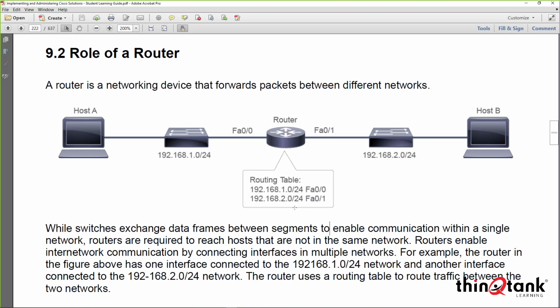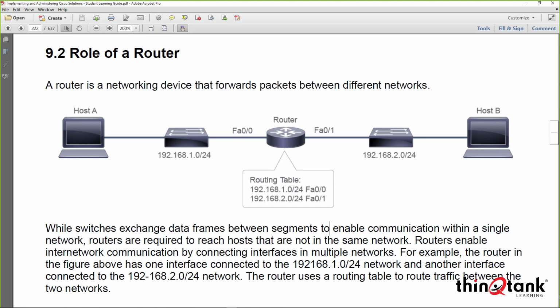Connected routes, which are routes of interfaces that are physically connected to the router. Dynamic routes, again, routes learned through a dynamic routing process like OSPF or EIGRP or BGP. And then finally, static routes, which are routes that you define as a network administrator.